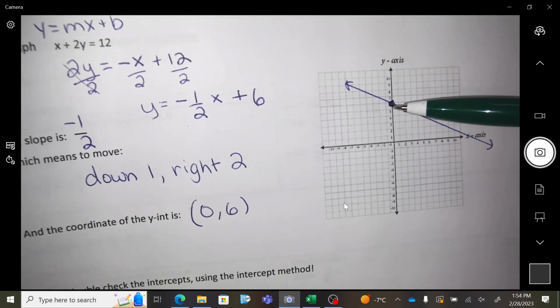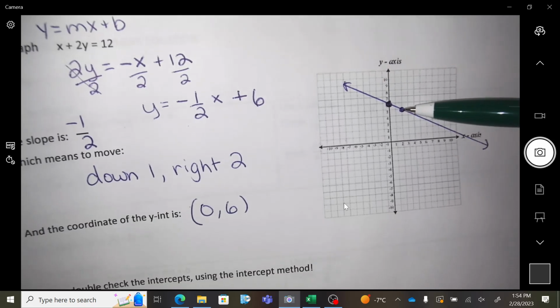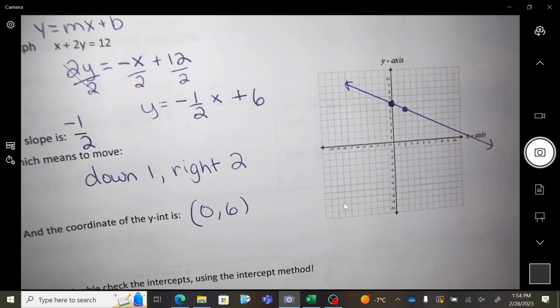Okay, so at that y-intercept from there, I went 1 down, 2 right. That was my second coordinate, and then I graphed it.